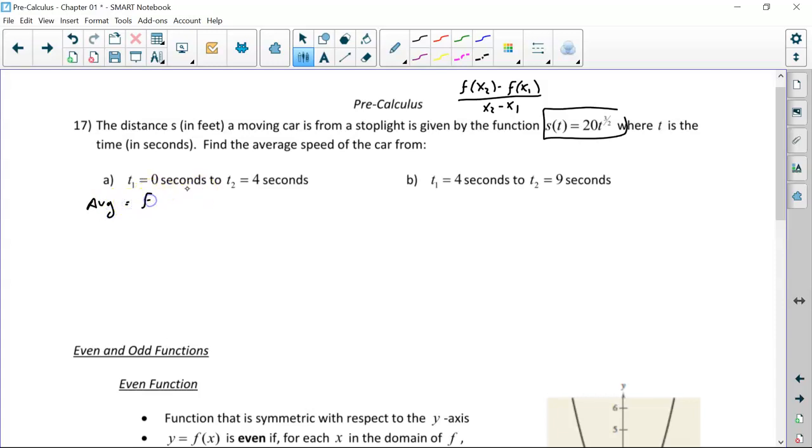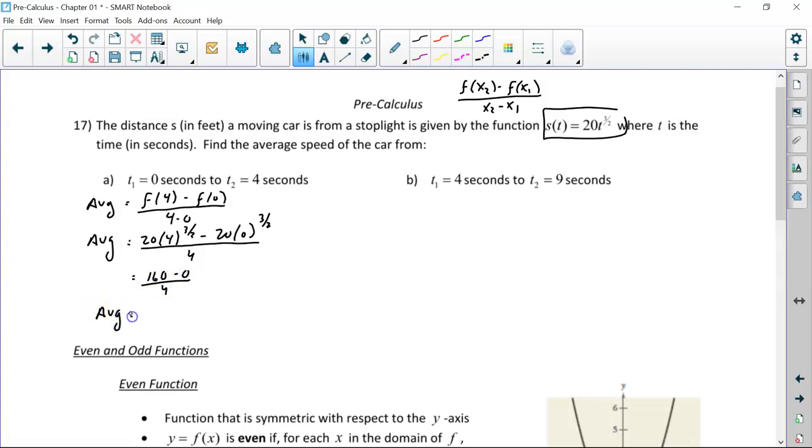So it's going to be f of 4 minus f of 0 over 4 minus 0. So it's going to be 20 times 4 to the 3 halves minus 20 times 0 to the 3 halves over 4. Now 20 times 4 to the 3 halves, when you type that in, you're going to get 160 minus 0 over 4. So the average rate of change is 40, and that's in feet per second, the units for this.